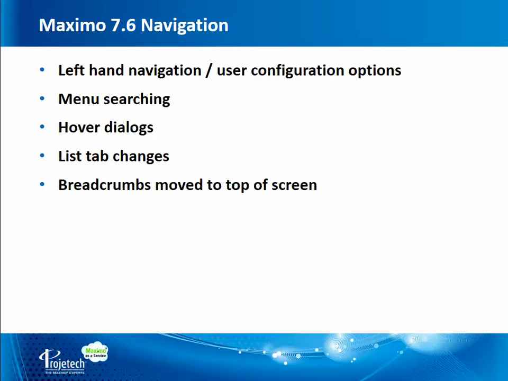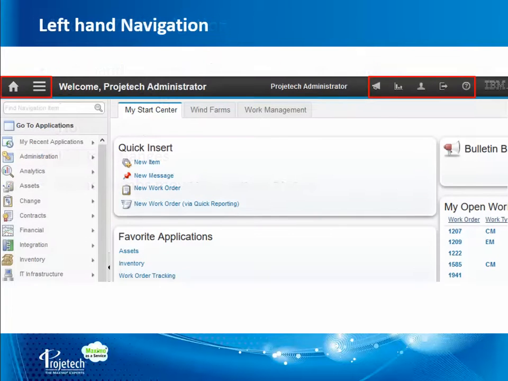They've added hover dialogues, and we'll go into more detail once we get to that. List tab changes, and how they have changed the breadcrumbs, so when you're moving from application to application within each other. Okay, so first thing we're going to do is go over this presentation, and then at the end of it, I'll go and jump inside Maximo and show you guys what it actually looks like.